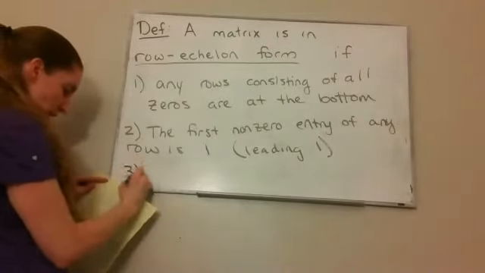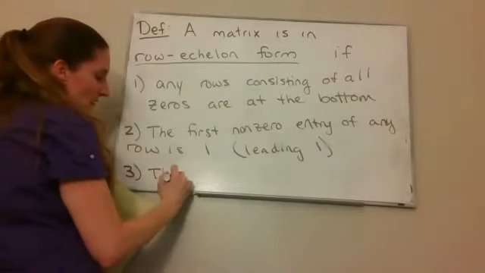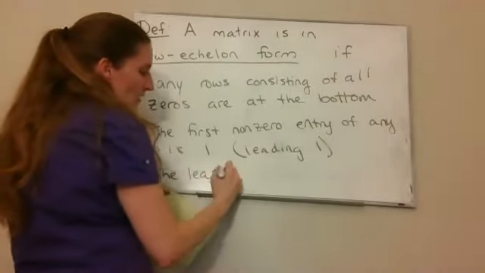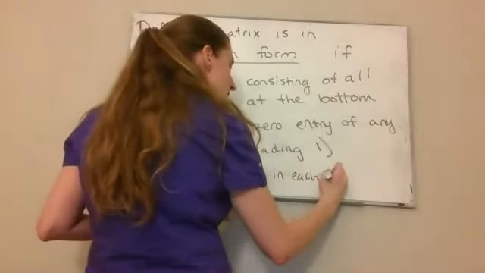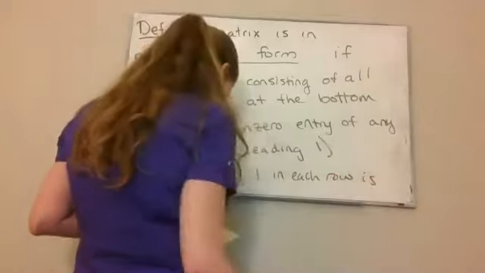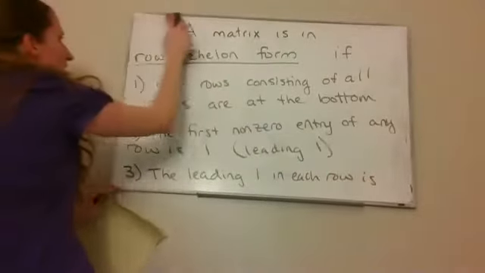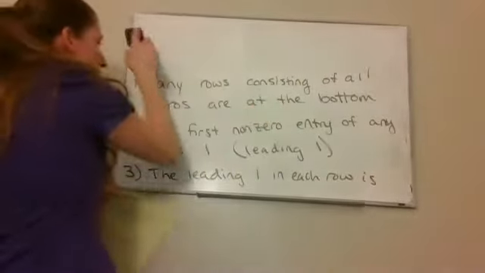And property 3, the leading 1 in each row is to the right of the leading 1 in the row above it.